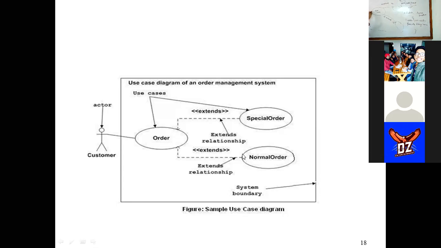This use case is further divided into two types. In the case of order, I am extending this use case into whether this order is a special order or a regular order. Whenever you are extending any kind of use case, you need to write extend on the arrow of that use case. This is called the extend relationship.